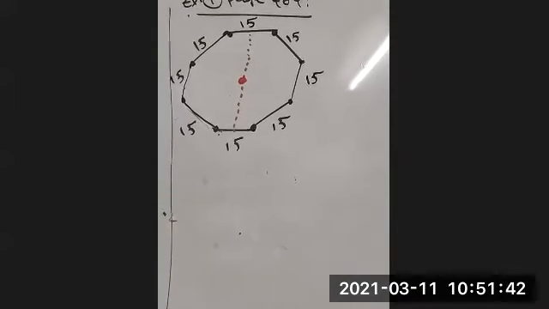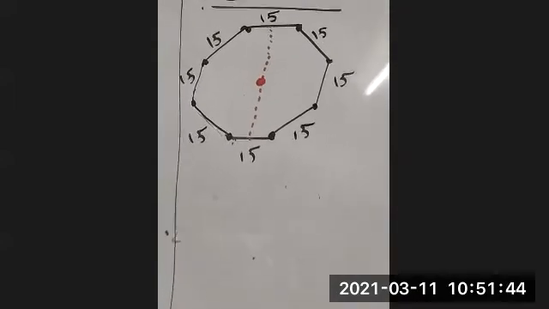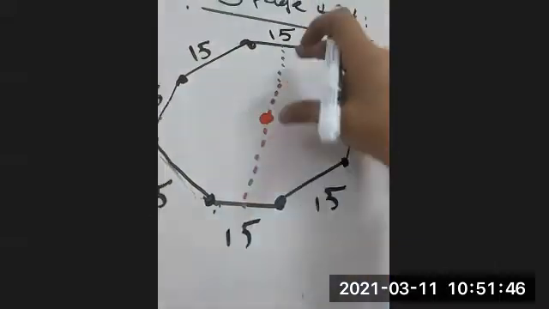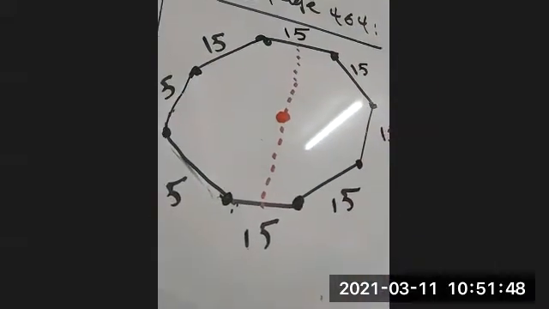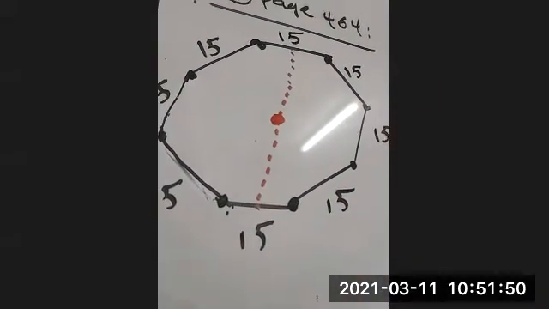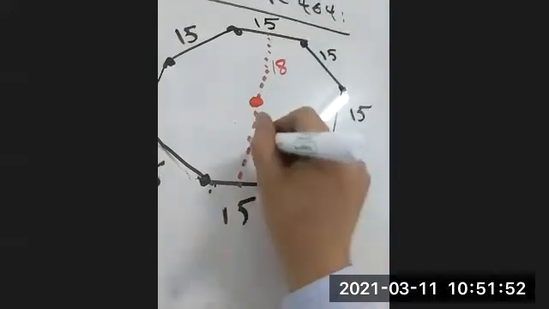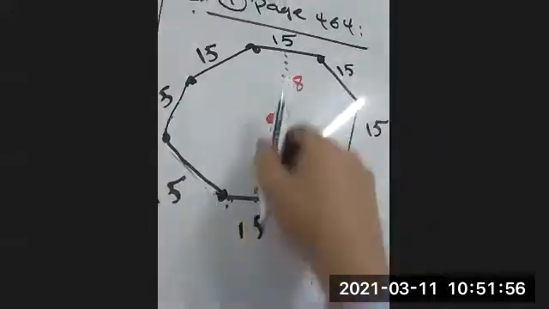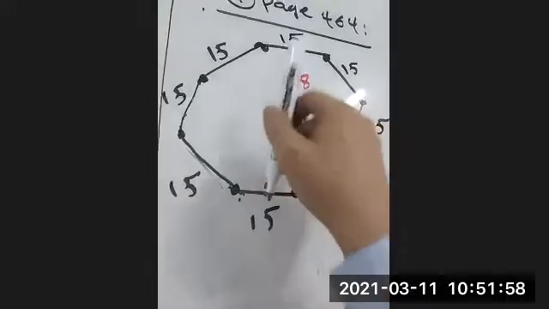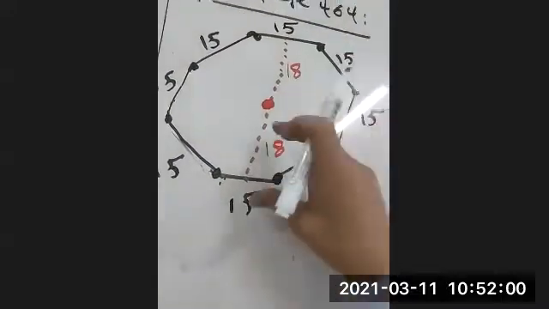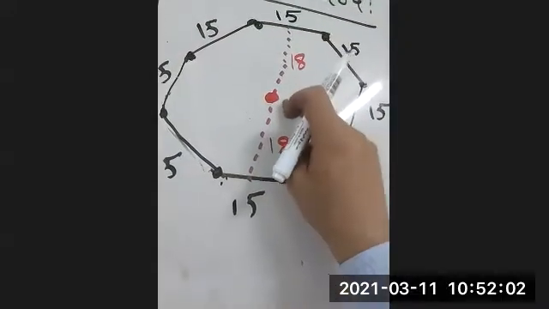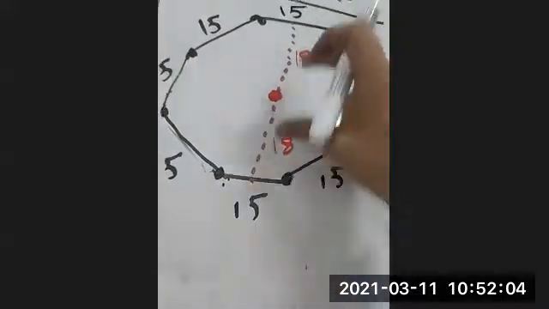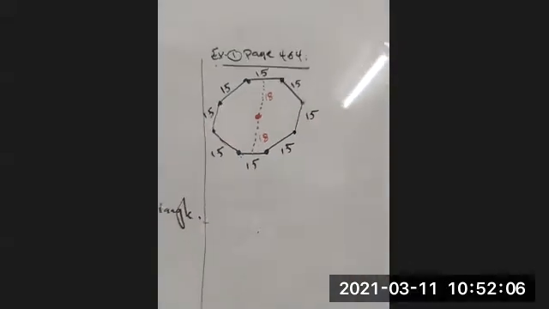How much? 18 inches. So this is 18 and this is 18. Why? Because the whole length is 36, so the half of it, because the center is always at the middle, is 18, right? Yes. What's this? This is the height.